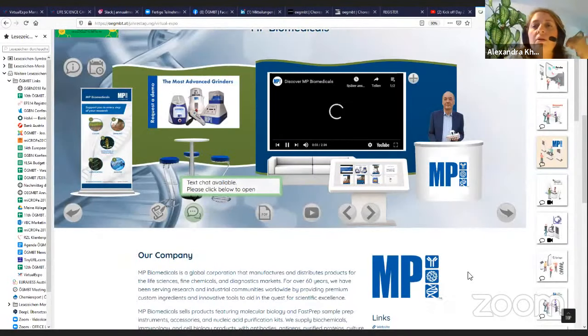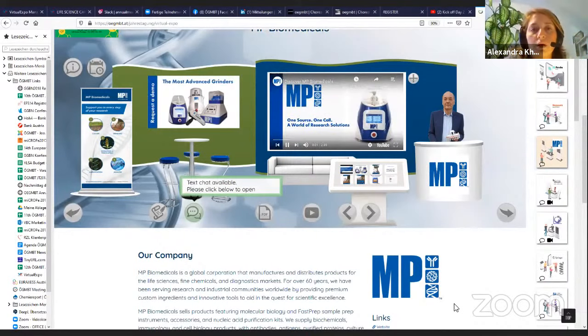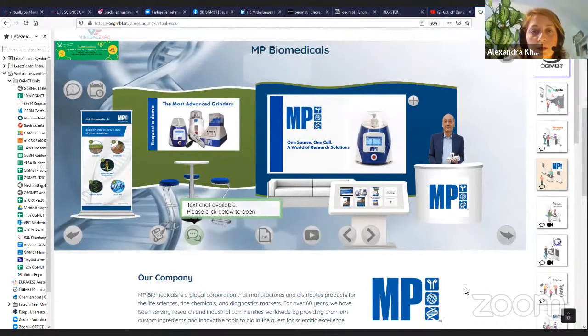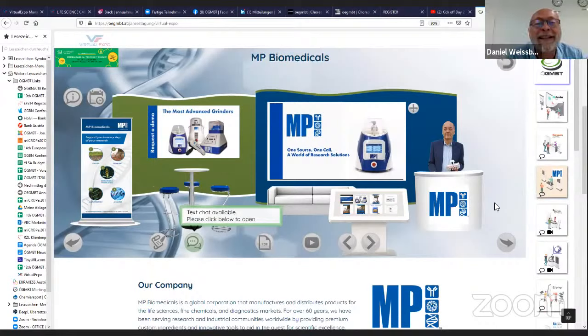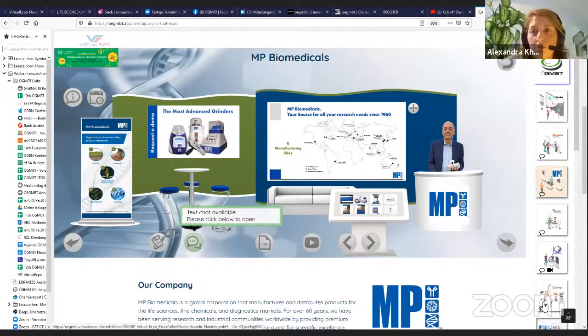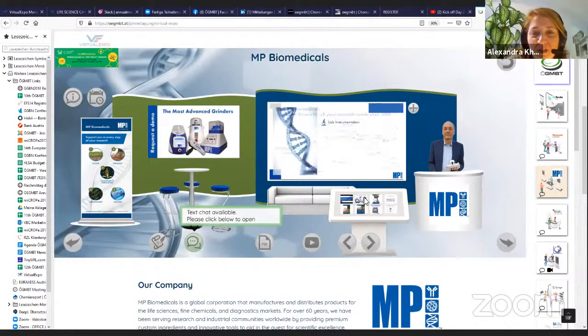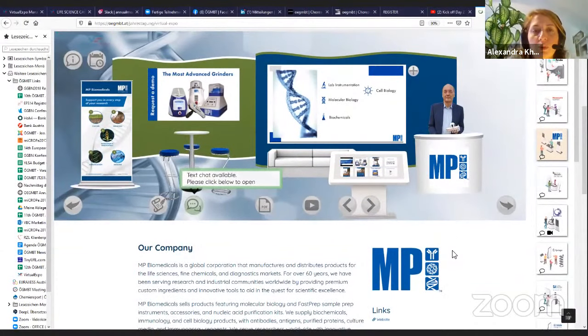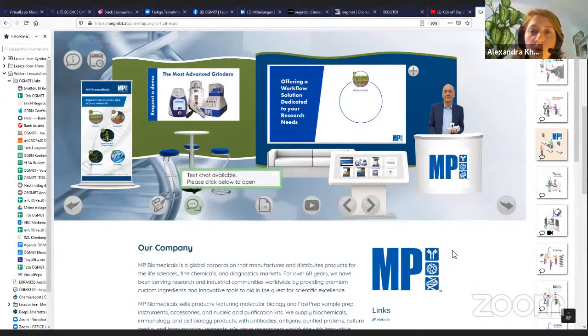So we have here, for example, the exhibitor MP Biomedicals. Thanks for showing our booth first. I invite everyone to visit every booth, of course, but I just picked one to see what we can look for. The exhibition is available 24/7. You have several media here.